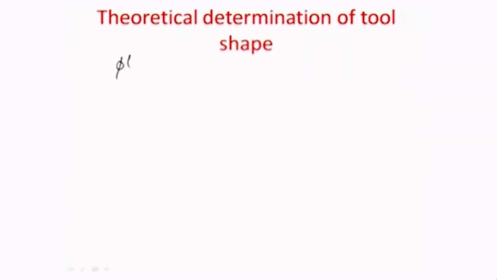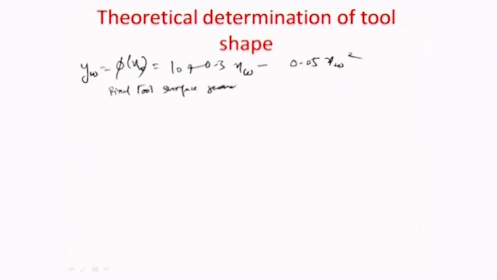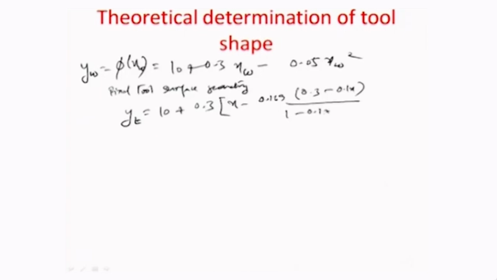So for the workpiece side, you know that phi x W is related to YW by the equation 10 plus 0.3 XW minus 0.05 XW square, and we know that the final tool surface geometry, as we have already derived before for a quadratic equation, can be represented as yt equal to 10 plus 0.3 times x minus 0.169 times 0.3 times 0.1 x divided by 1 minus 0.1 times 0.169, minus 0.05 times the square of this argument.